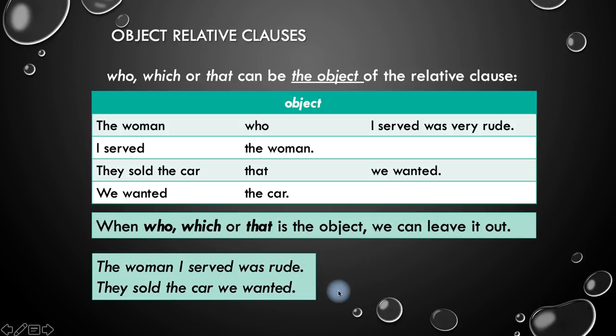These sentences are correct. There are no mistakes in them. So just remember that when relative pronouns who, that, which are in the position of the object, we can also leave them out. We can omit them.